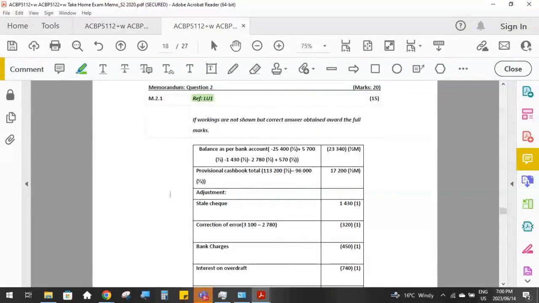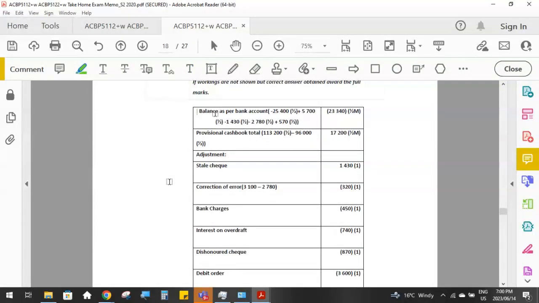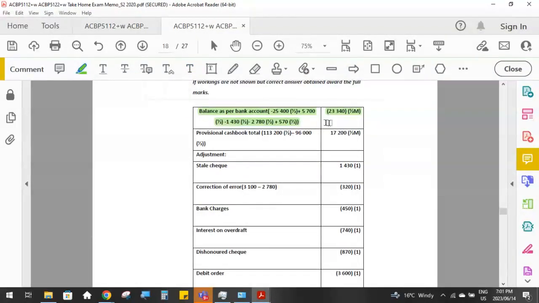And if you have a look at what they're going to ask us to do here in 2.1, the first thing that we had to do at the top was do that calculation to work out what was the balance as per the bank account as at, what was that date? 31st of May 2019.